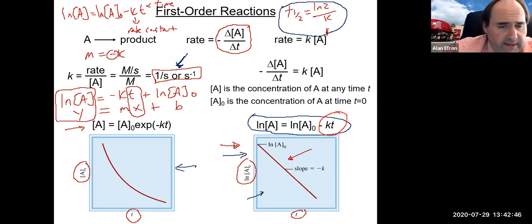Now, when we rearrange that equation, natural log of A equals natural log of A naught minus kt, we could rearrange it like we do on the left-hand side there, in the form of a straight line. And that gives us our y equals mx plus b, where we get our typical graph that we associate with first order, which again is this graph here on the right. On the y, we graph the natural log of A, and on the x, we graph t, which is time.